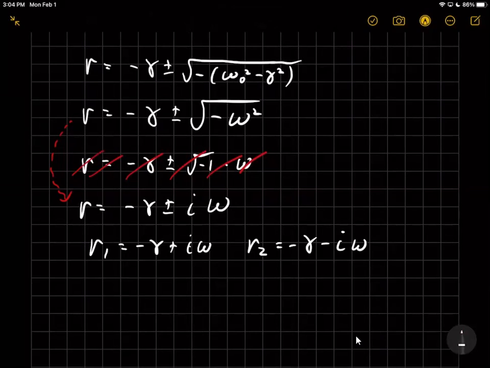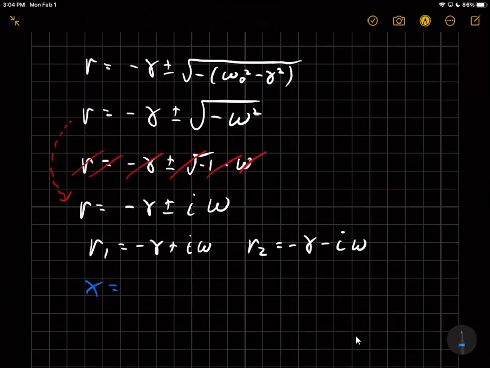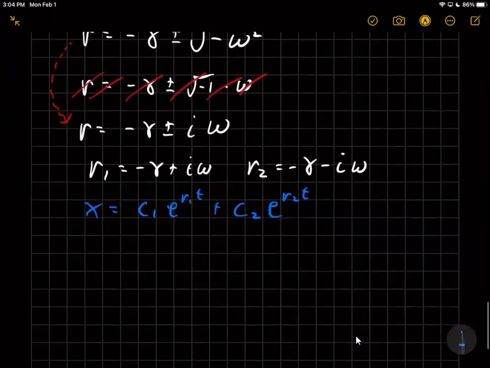Now we need to put that back onto the general solution. Remember, the solution for all of these was that x is equal to C1 e to the r1 t plus C2 e to the r2 t.